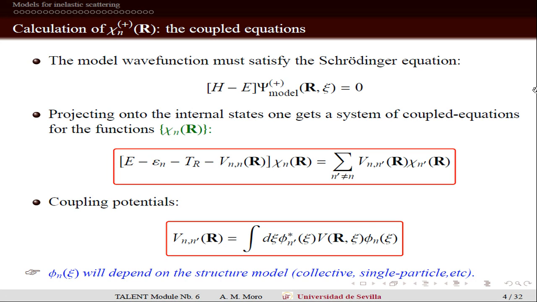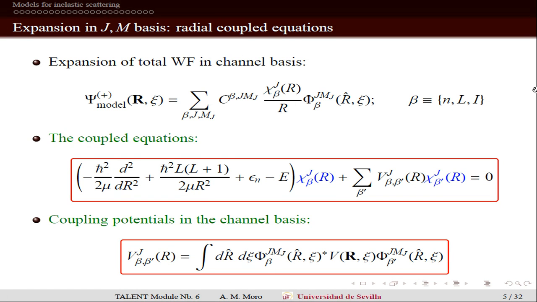It can describe at most the motion of the center of mass of the projectile and target, but cannot produce excitation. We should go, in the case of the Coulomb interaction, to the dipole term or quadrupole term that produces some excitations. Okay? So this is the schematic form of the equations.